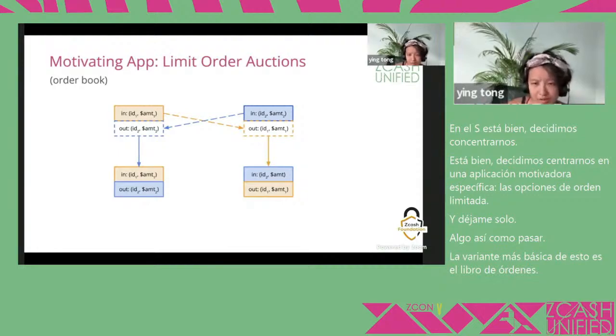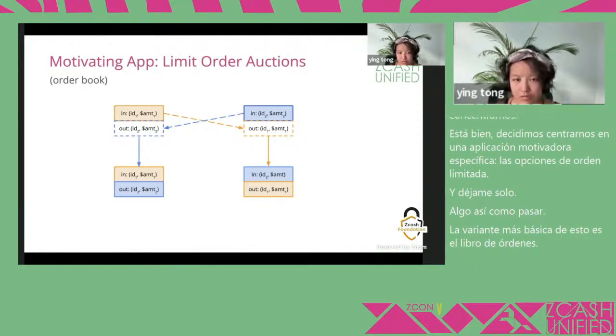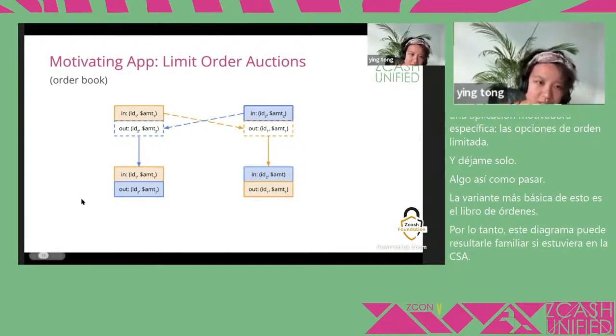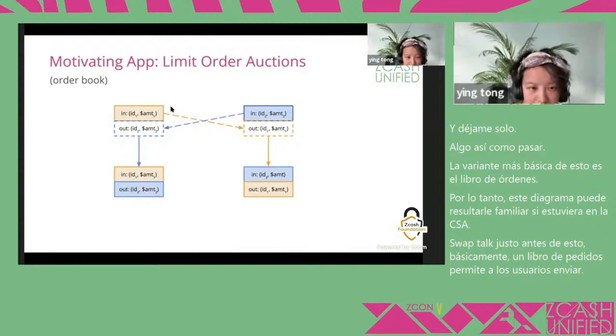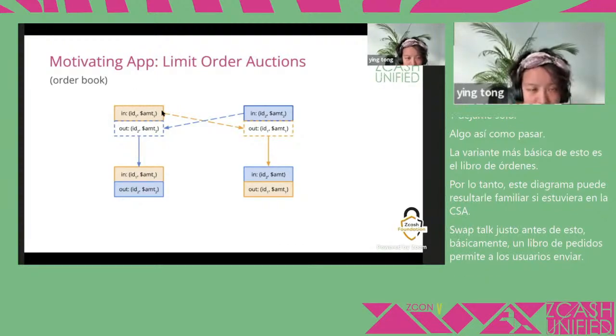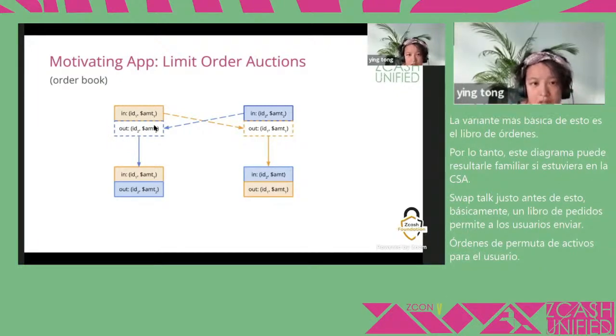This diagram might look familiar if you were at the ZSA swap talk right before this. Basically, an order book allows users to submit orders for asset swaps. So the user inputs the asset that they are selling and also the asset that they expect to get out of the trade, with the corresponding amounts.